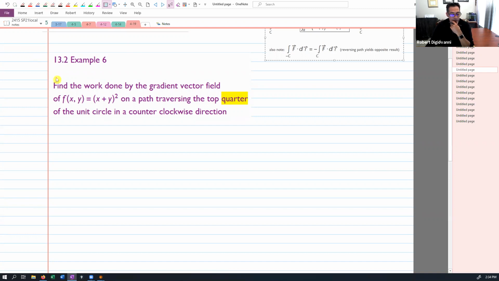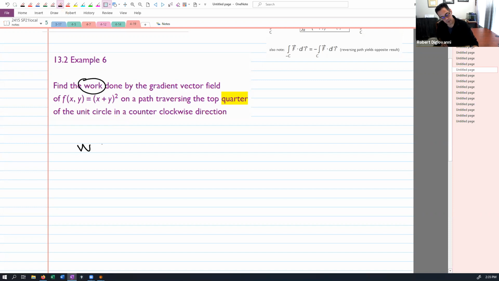All right. Find the work done by the gradient vector field of the scalar function f of x, y equals x plus y quantity squared on a path traversing the top quarter of the unit circle in the counterclockwise direction. All right, so let's start with this. We want to find the work.